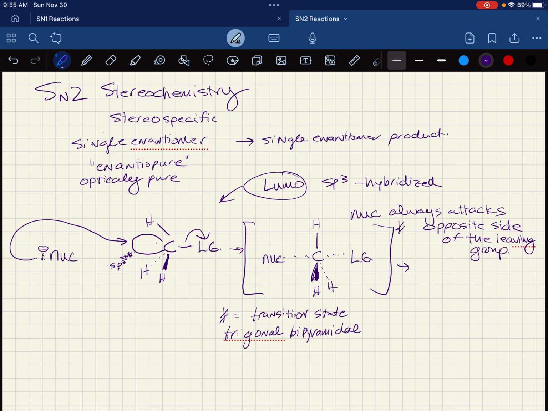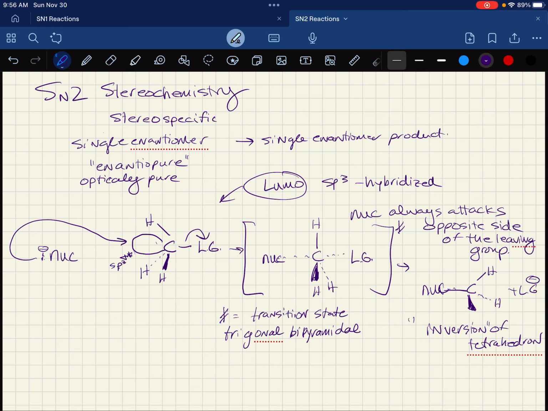And then what we have is an inversion of the tetrahedron. And we call this the inversion product. And then we also, of course, have the leaving group as the byproduct.